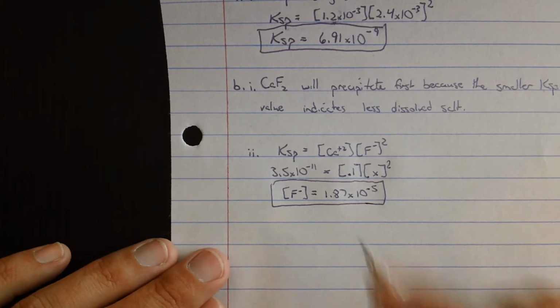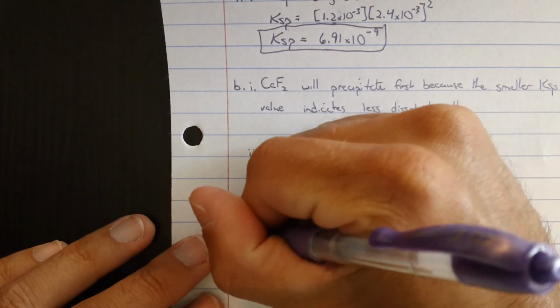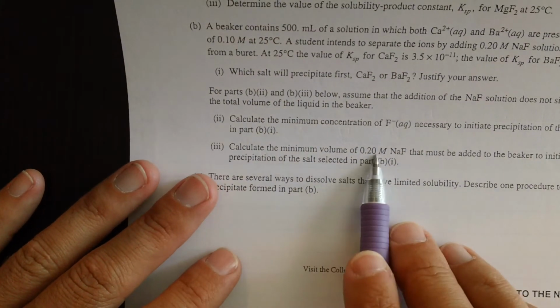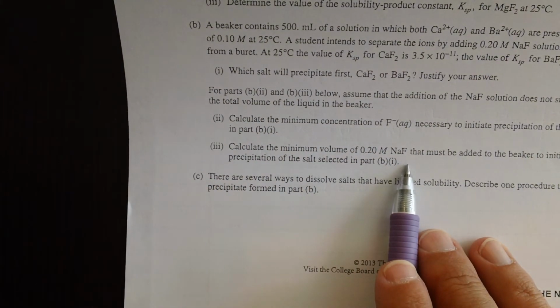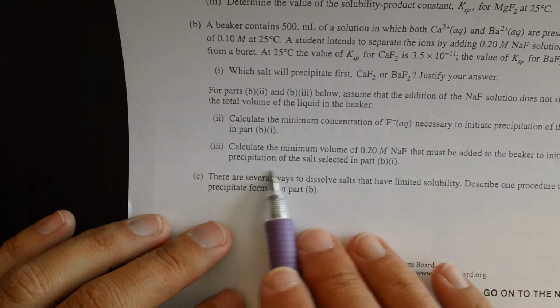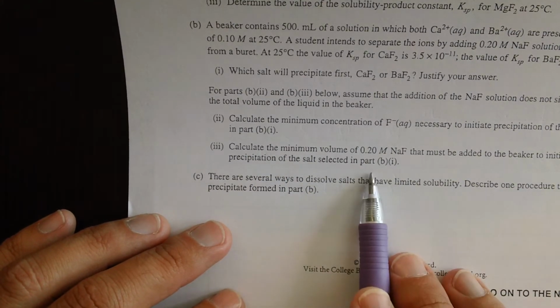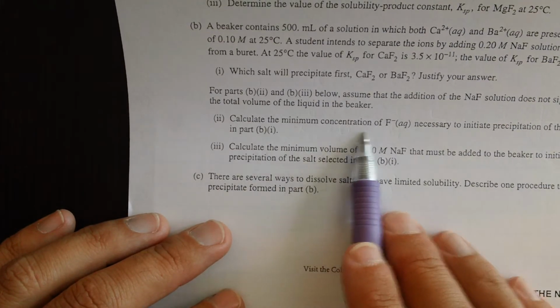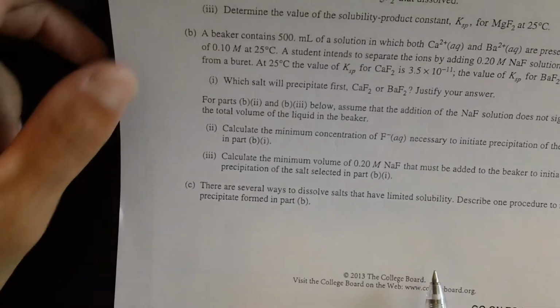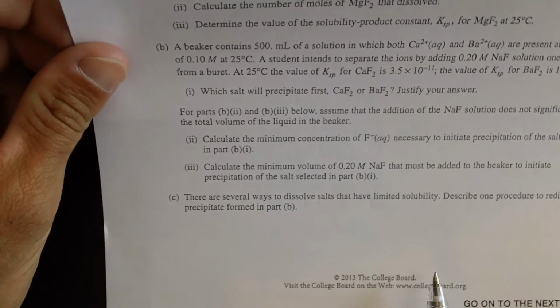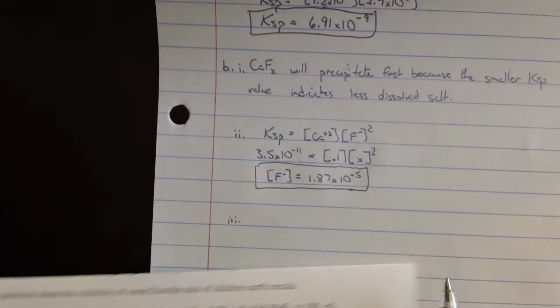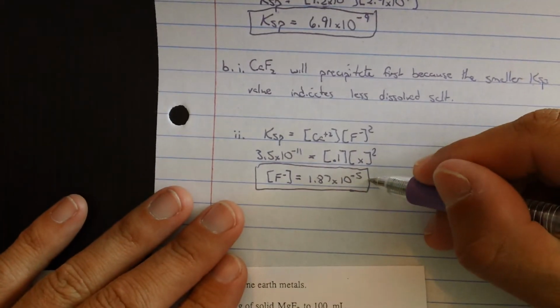And then we're to part 3 on B. Part 3 says calculate the minimum volume of 0.2 molar NaF that must be added to the beaker to initiate the precipitation of the salt selected in part B1. So we now know the concentration of the fluoride that's necessary from B2. This is the concentration that we want to get.